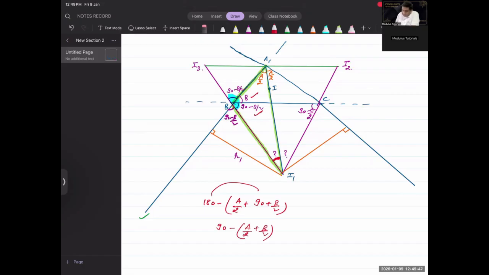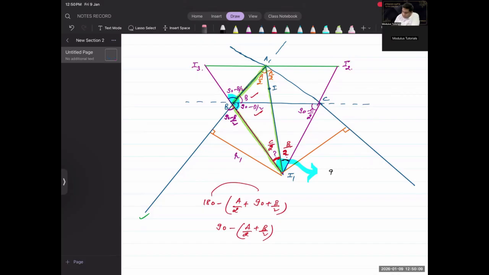This is absolutely simple. This will be C by 2, because in a triangle, A by 2 plus B by 2 plus C by 2 will be 90. Likewise, I can say, guys, that this will be B by 2. Got it? So put together collectively, guys, if I have to say, how much will this angle be?